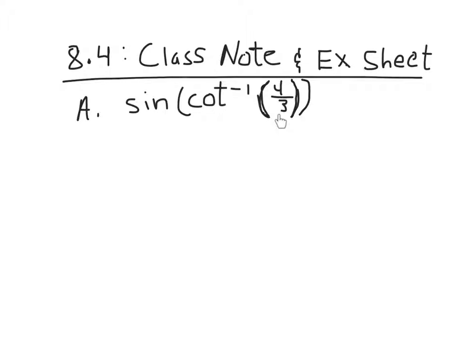First of all, let's identify what this 4/3 is. Is it an angle or is it a ratio? Since we're taking the inverse cotangent of it, we know that the 4/3 is a ratio, right? And that we're looking for an angle. The inverse cotangent of 4/3 is some angle, and we can call that angle theta.